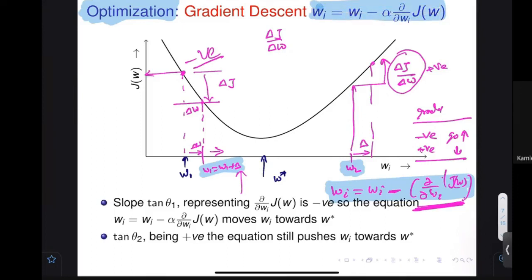This particular method has a name and it is called gradient descent, and actually it guides you on how you can update your weights to find out the optimal value. Okay.